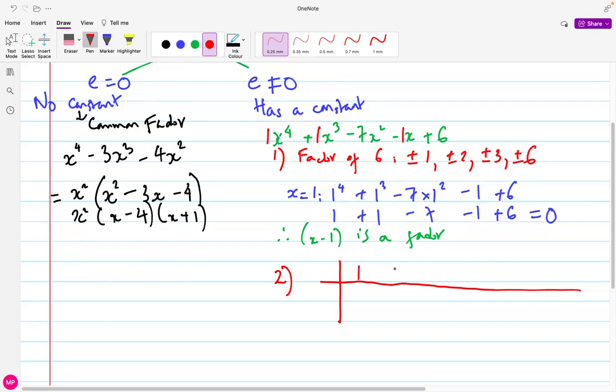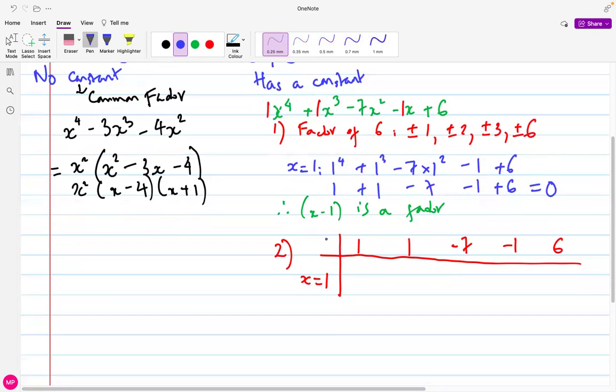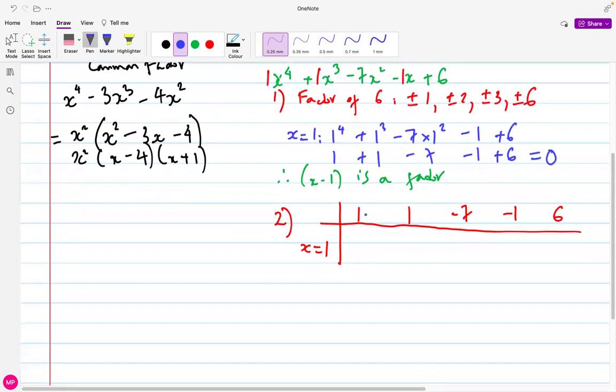So you write here 1, 1, -7, -1, and 6. These are all the coefficients of the quartic. You divide it by x minus 1, so you use x equals 1. If you watch the other video, we talk about how to use long division for this method.